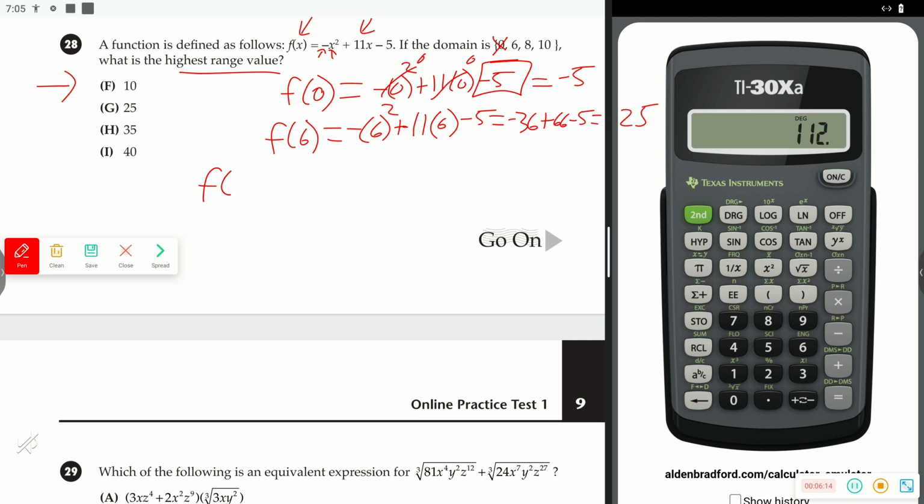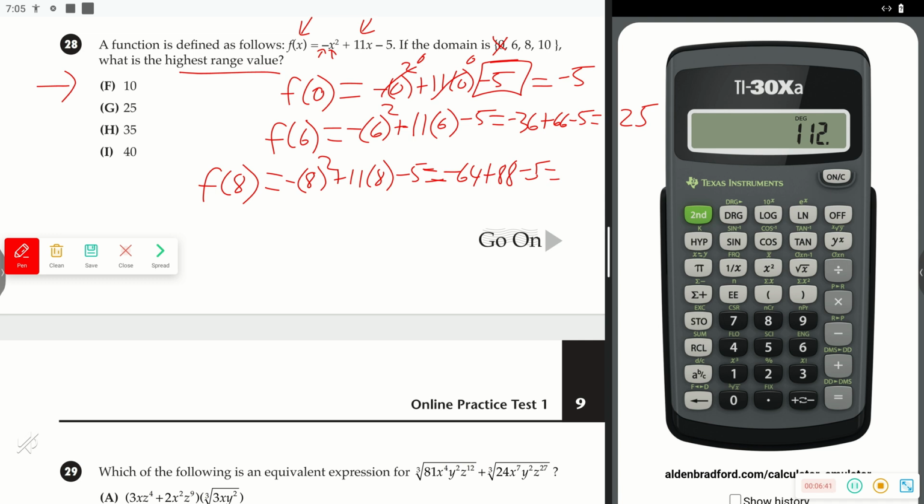I'll start a little further back for the next one. Let's do f of 8. So we're going to solve for y. When x equals 8, we're going to have negative 8 squared plus 11 times 8 minus 5. 8 squared is 64, so we're going to have negative 64, and then plus 88 minus 5.